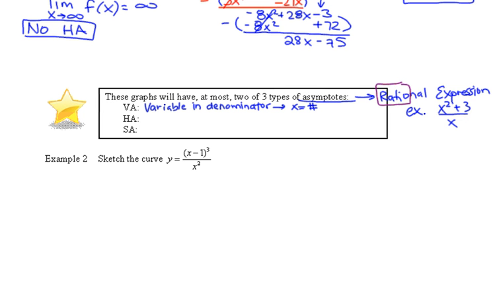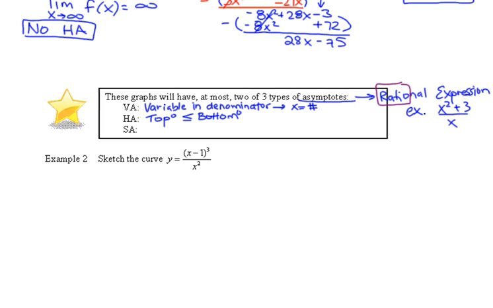Horizontal asymptote, how do we figure out if we have a horizontal asymptote? As x approaches infinity, as long as our top degree is less than or equal to our bottom degree, we will have a horizontal asymptote.